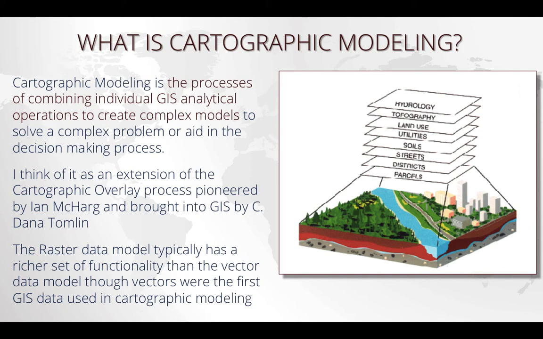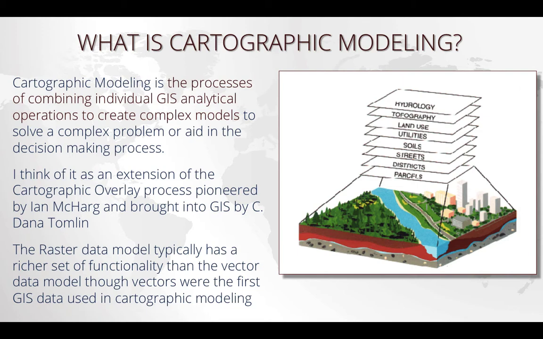So then what is cartographic modeling? If a cartographic model is a set of map layers registered to a common framework, cartographic modeling is a process of combining these individual GIS layers using GIS analytical operations to create complex models that can solve problems or aid in making a decision, like where to put a new school, for example.